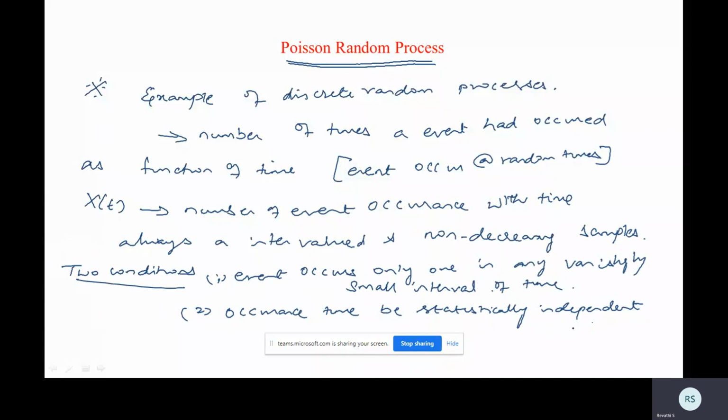For two time intervals, between 5 to 6 minutes you take some number, and again between 7 to 8 minutes you take some number. You can see 5 to 6 is not overlapping with 7 to 8. So you are taking two different time intervals and counting the number. This number should be completely independent. So those are the two conditions.